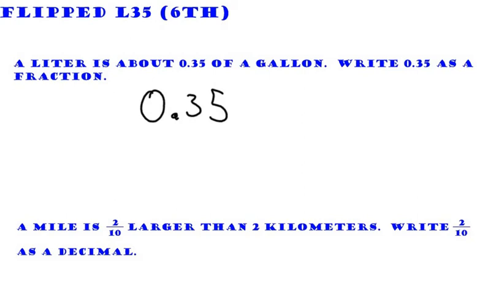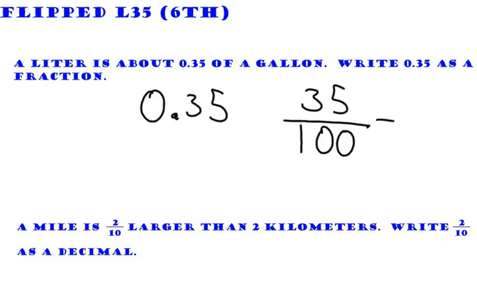However, the correct mathematical way to read this number is 35 hundredths. And just by doing that, we've already set up a fraction by saying 35 hundredths. And by doing that, we have a fraction set up.